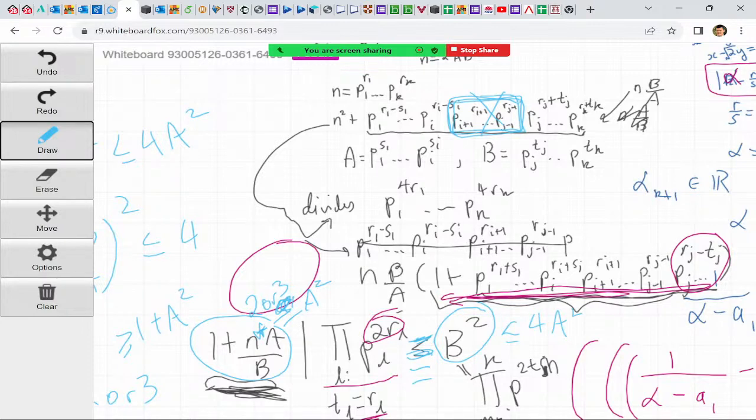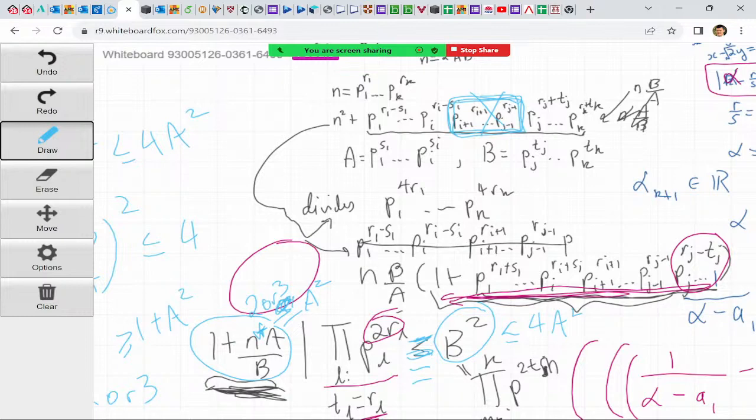So n times a over b is kind of just a squared, really. But it could be a 2 or a 3 that comes from the b or the a.